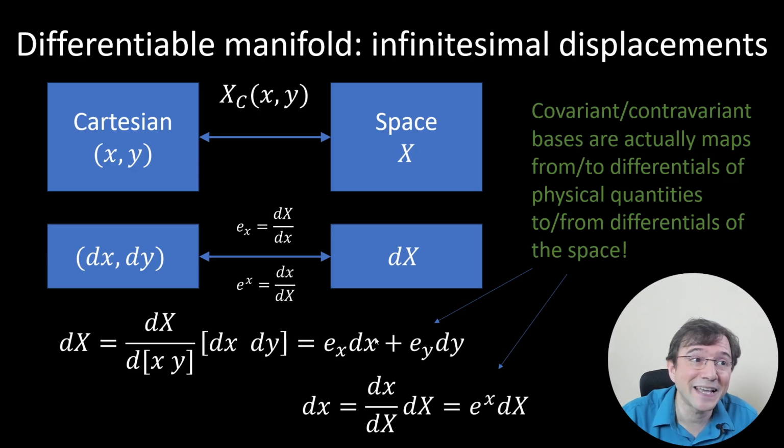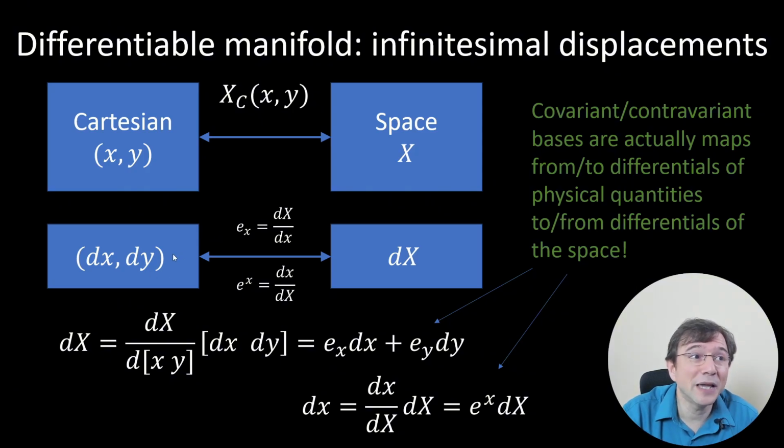They are things that take something in units, act on them, and give us the variation in terms of unit-free things. So what we typically call the covariant basis is actually a map from differentials of physical quantities to differentials of the space. And again, we would need a different name because it's not a basis, and we would need some other terminology to make this more precise. But in physics, this is what we are describing.